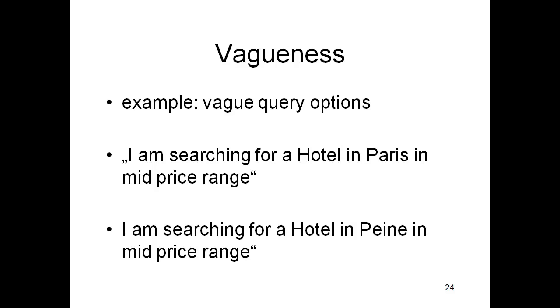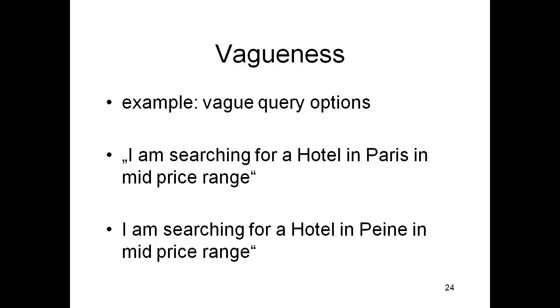Is it the same? I guess the average price for a hotel in Paris is higher than for a hotel in Peine, so the ranges are different depending on the city. We would expect that it's quite different, right? And that is something, when we talk to each other, that's somehow easily understood, but how can we model that?